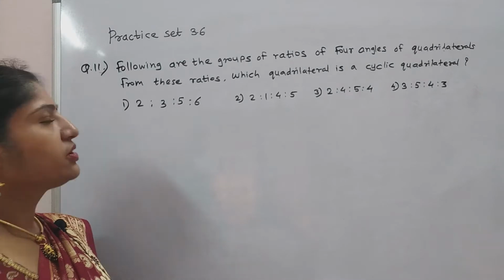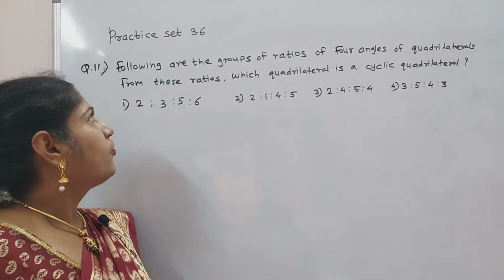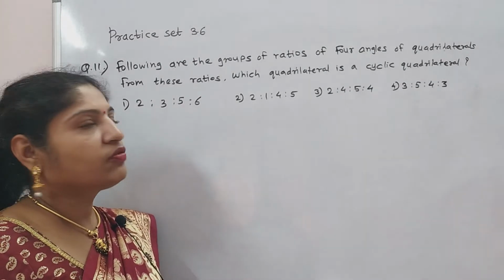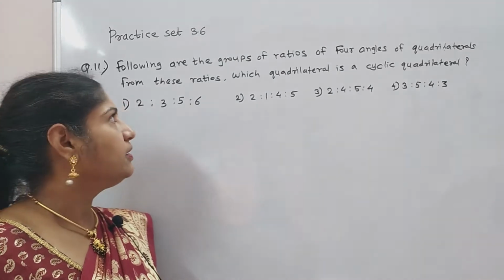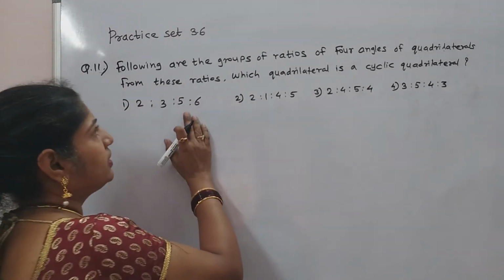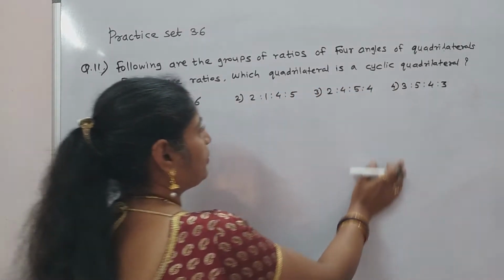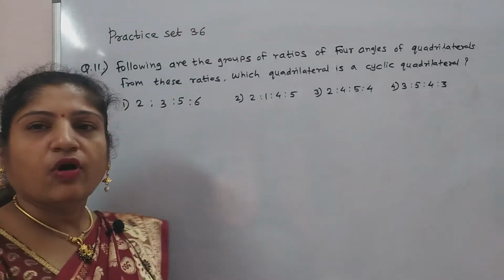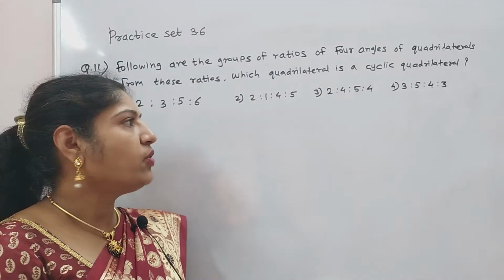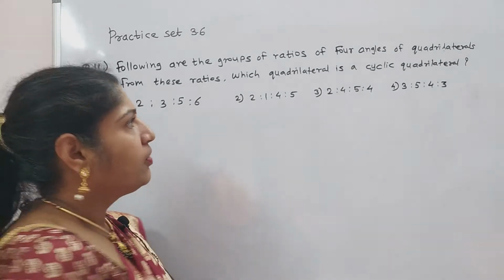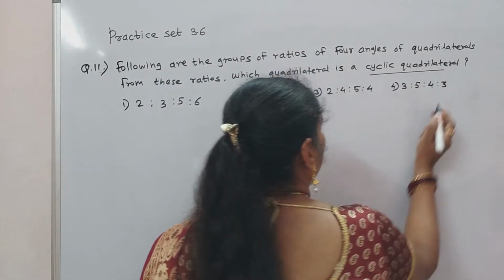Next question is question number 11. Following are the groups of ratios of 4 angles of a quadrilateral. These ratios are given. Which quadrilateral is a cyclic quadrilateral? There are 4 options given. We have to check all the options. Now what is a cyclic quadrilateral?